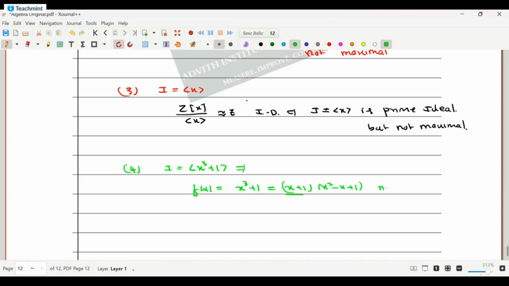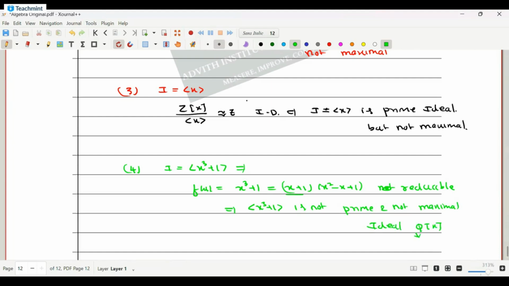So it is reducible. Therefore the ideal generated by x cube plus 1 is not a prime ideal and also not a maximal ideal of Q over x.